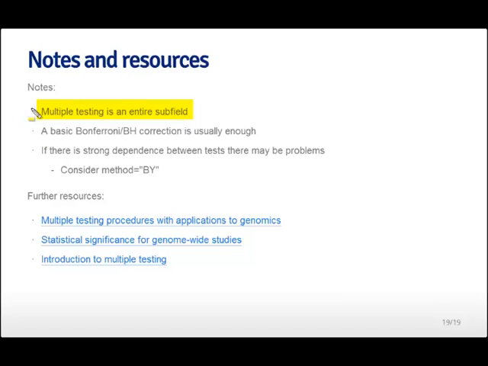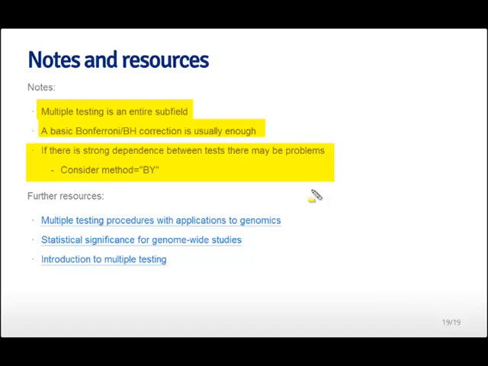The basic Bonferroni or Benjamini-Hochberg correction is usually enough for most standard problems, but if there's strong dependence between tests, for example, you might want to consider method equals BY in the p.adjust function, or look into more direct adjustments for the dependence between the hypothesis tests. This is an area in which I've done a little bit of research, so hopefully you can take a look at some of my papers on the area.